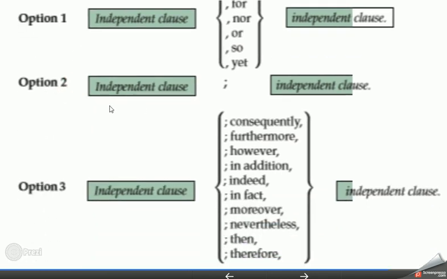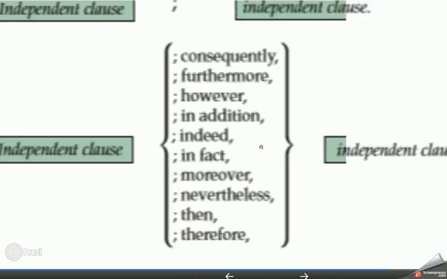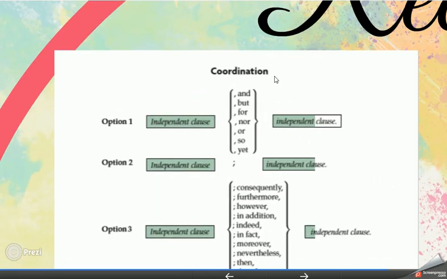Option 2, we have an independent clause, semicolon, another independent clause. Or we have an independent clause, then a semicolon, then one of these adverbs, and another independent clause. So we have three options when it comes to writing compound sentences.